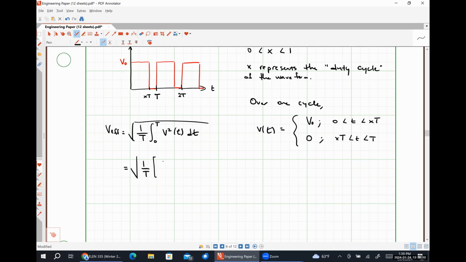So my first integral will be from 0 to xT. And I'm going to be integrating my voltage, which is V naught, but I'm integrating the square of my voltage. So I'll have V naught squared dt. And then for my next interval, I will be integrating from xT out to T, and my voltage is 0.